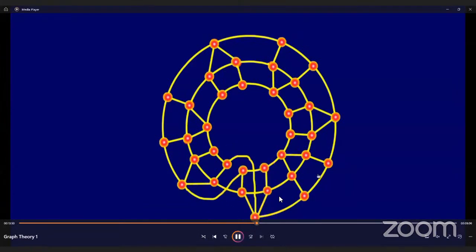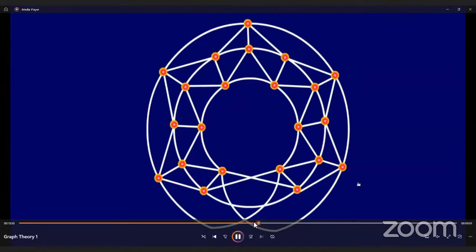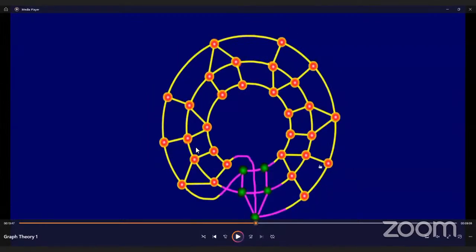So that graph is actually made up of small pieces, this piece, circulating like this, and then the twist at the end. So it is circular.